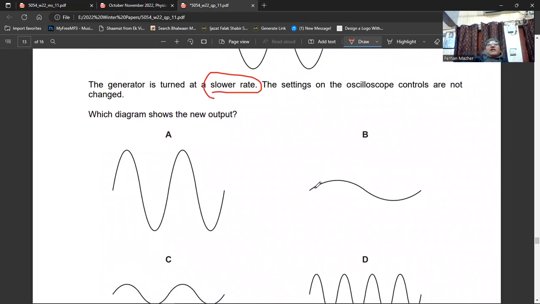Okay, so what can be the option? Because the generator is turning at a slower rate, the amount of current will decrease, obviously.